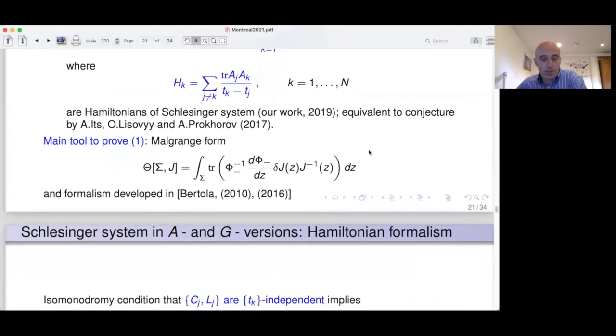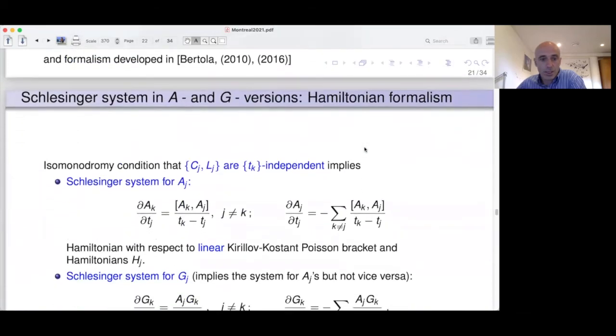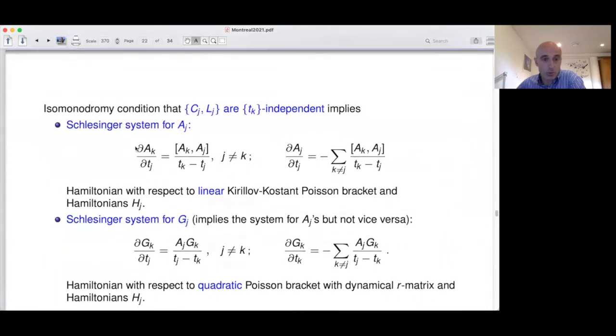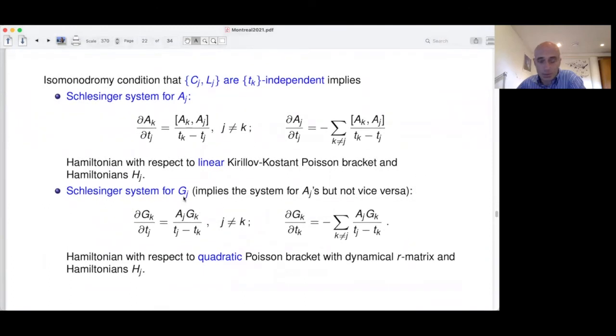Now, the interesting thing which I want to attract your attention to is the symplectic Hamiltonian formalism for the regular Schlesinger system, which looks like that in terms of A's. And for the Schlesinger system, which you write in terms of eigenvectors, it looks like that. Originally, from the isomonodromic condition, you get this system, and that of course implies the system for A's. And for the system in terms of A's, you have the Kirillov-Kostant bracket, and you have the Hamiltonians given by Jimbo and Miwa.